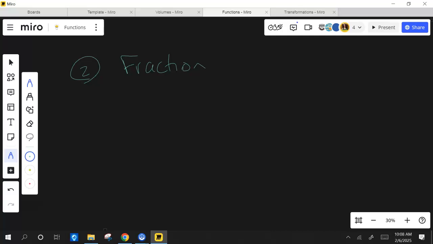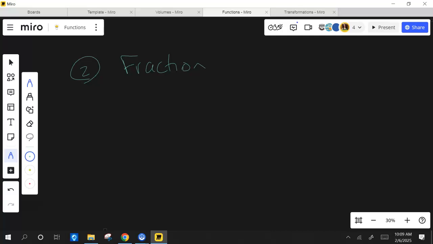What can you never do with a fraction? Divide by 0. Dividing by 0 makes it undefined, okay? So here's what I'm going to do. Instead of looking at what x can be, like I did with the radicals, I'm going to look at what x can't be, and I'm going to leave it out. Remember how we leave out just a single value sometimes with the back-to-back parentheses? That's what I'm going to do with these.